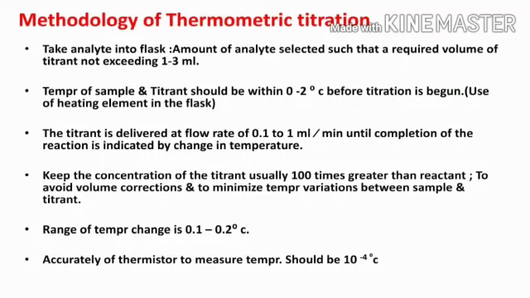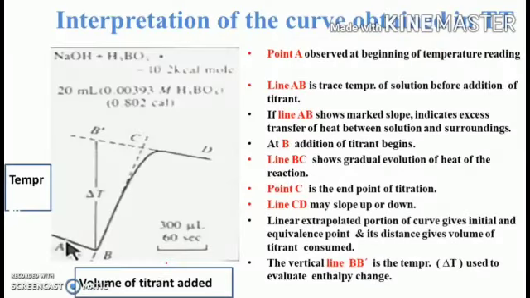Then the range of temperature change is 0.1 to 0.2 degrees Celsius. Therefore, the accuracy of the thermistor to measure temperature should be 10 to the power minus 4 degrees Celsius. Let us go to the next one.